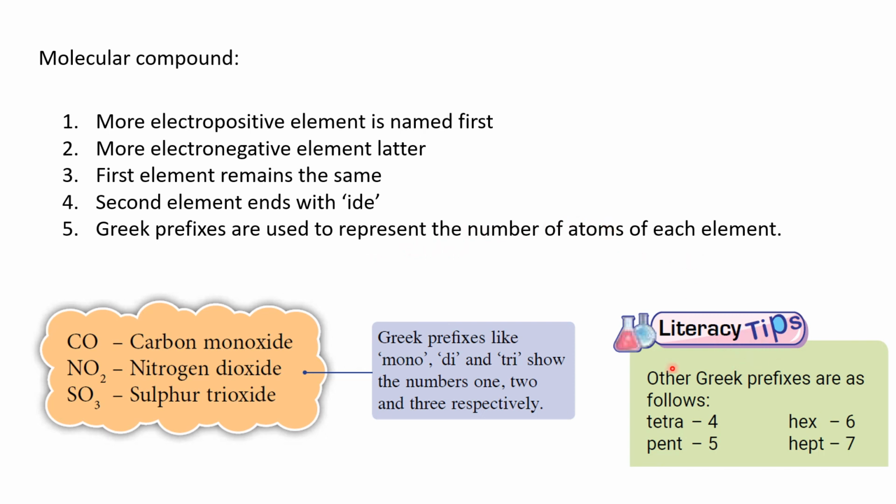For example, carbon monoxide, nitrogen dioxide, sulfur trioxide. Greek prefixes like mono, di, and tri show the numbers 1, 2, and 3 respectively. If 4 we say tetra, 5 penta, then hexa and hepta, and so on.